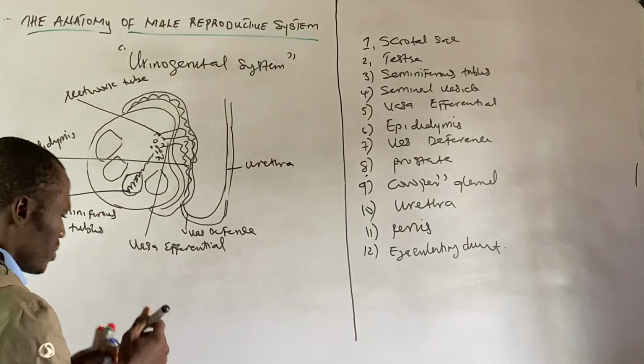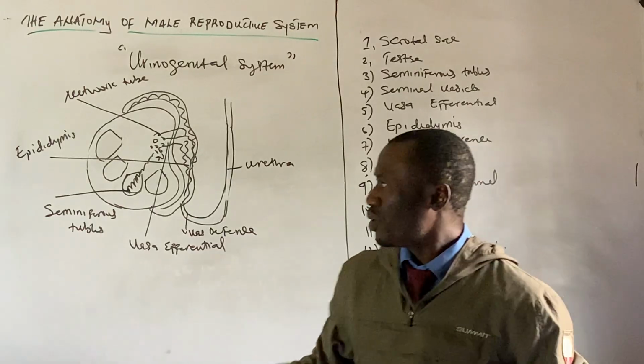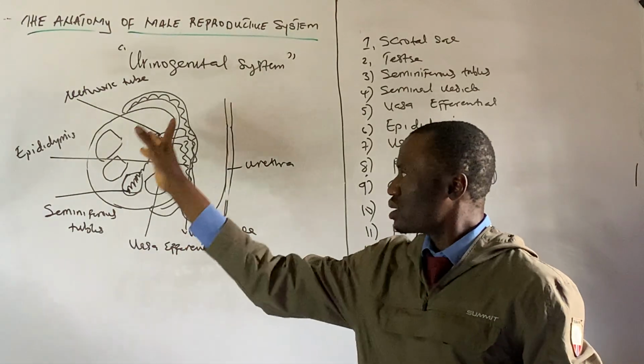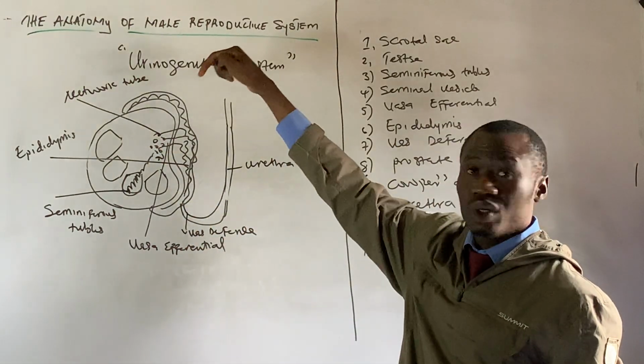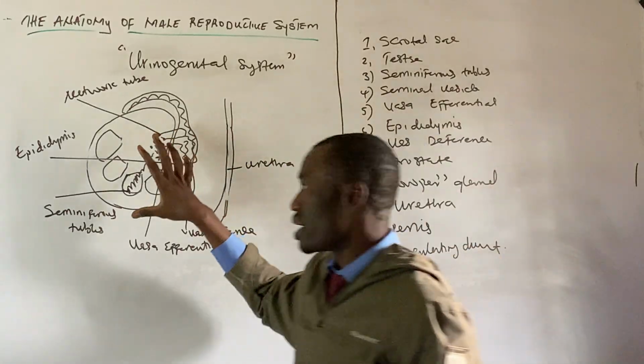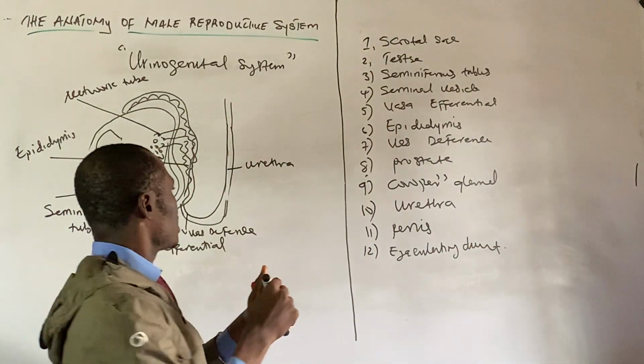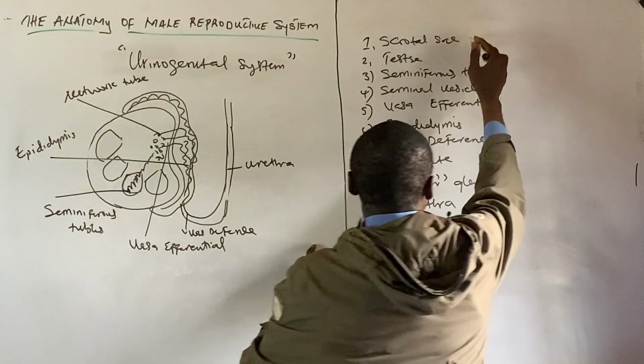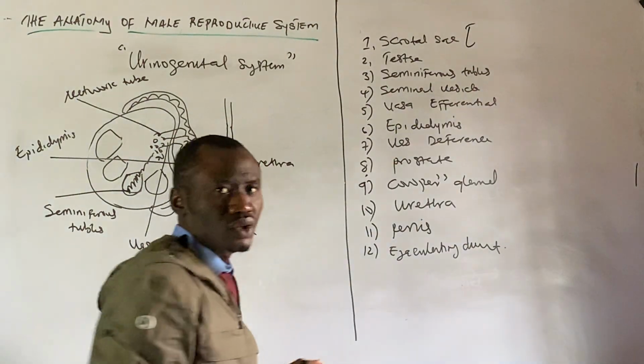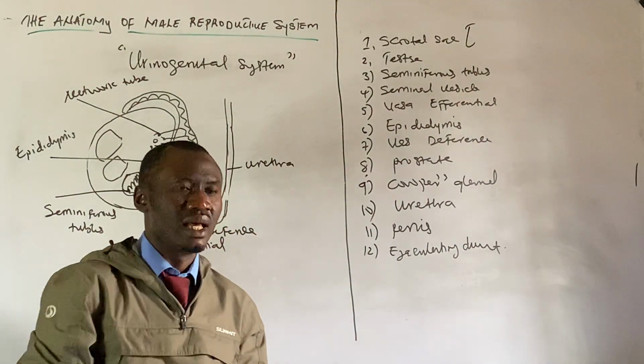This diagram illustrates the process by which sperm passes to the urethra. Let's start with the scrotal sac. You can write the scrotal sac and underline it.